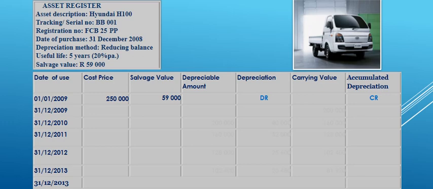Then on an annual basis, the carrying value will be reflected as follows on the asset register.